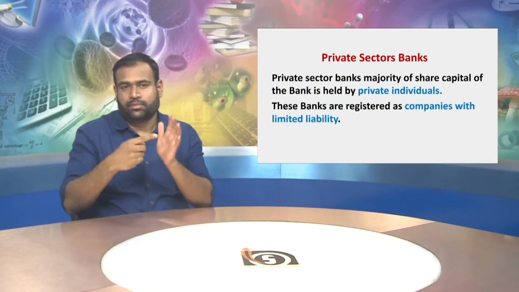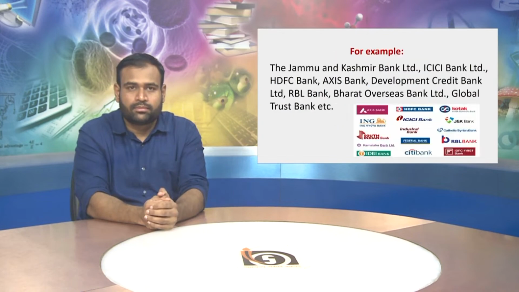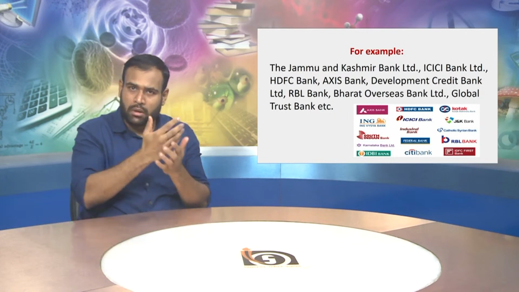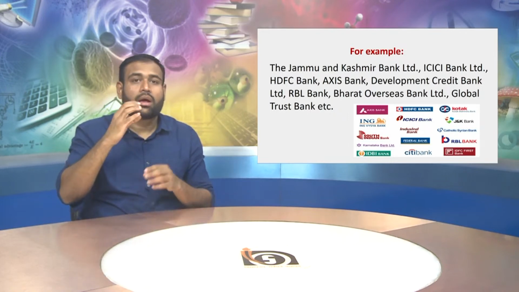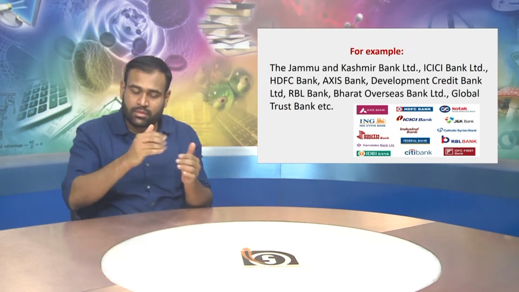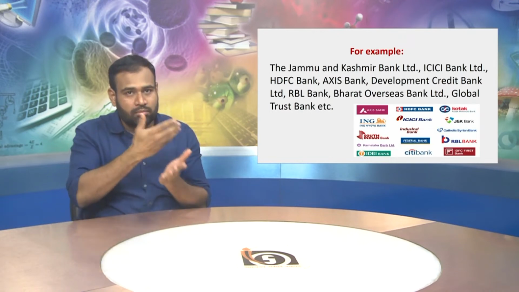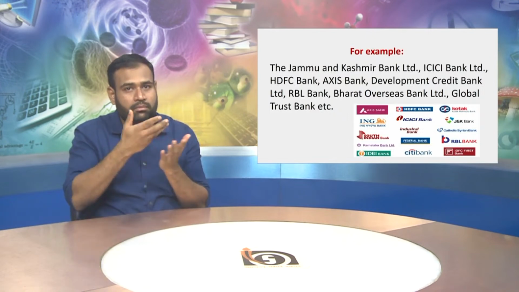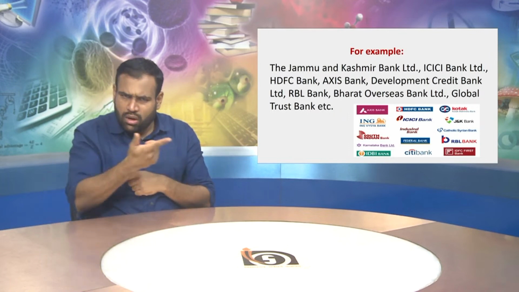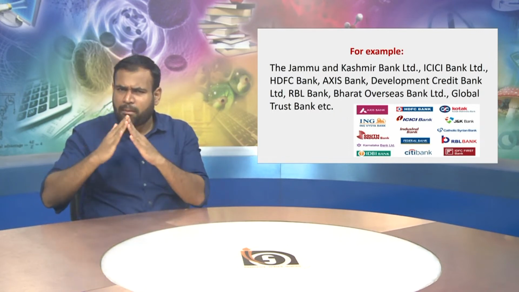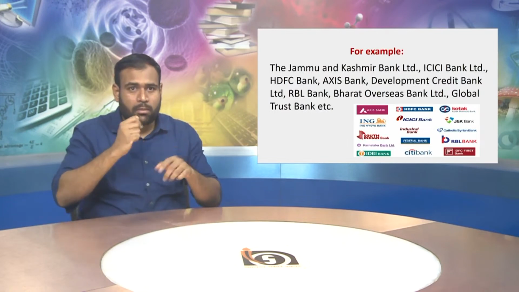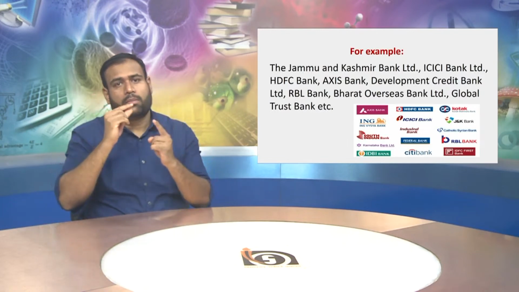We will understand private sector banks in further slides. Here you can see some of the private banks like the Jammu and Kashmir Bank Limited, ICICI Bank Limited, HDFC Bank, Axis Bank, Development Credit Bank Limited, RBL Bank, Bharat Overseas Bank Limited, Global Trust Bank, etc. All these are the names of private banks.